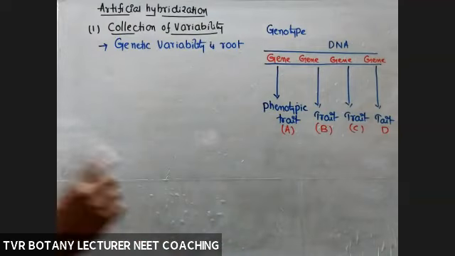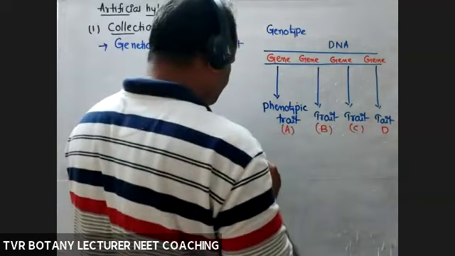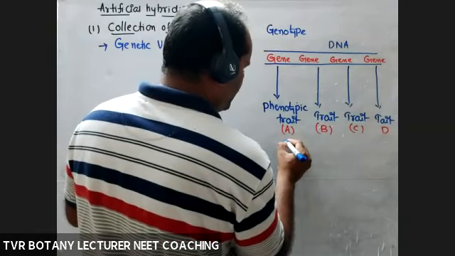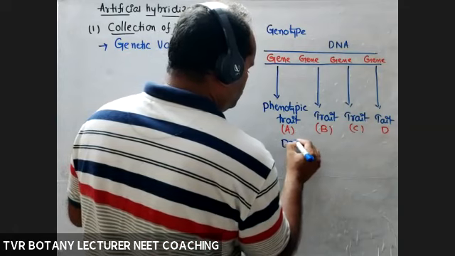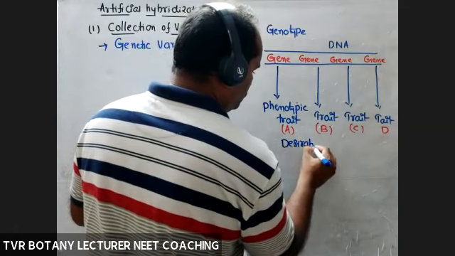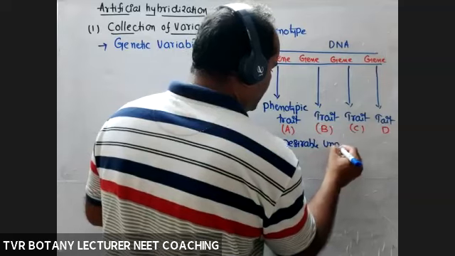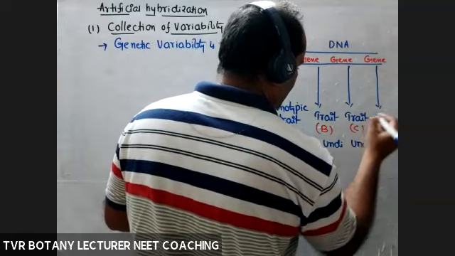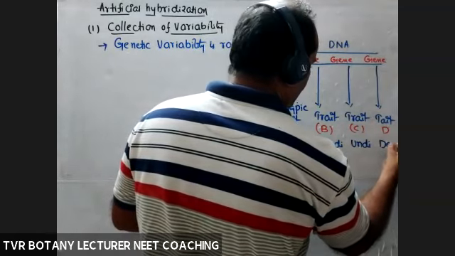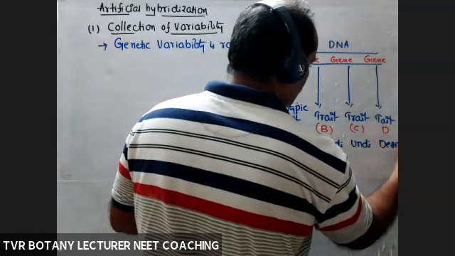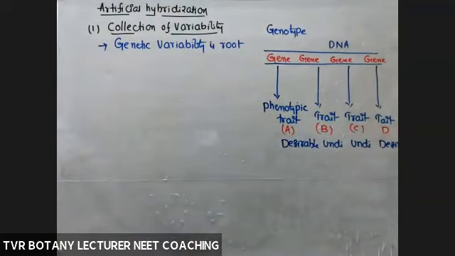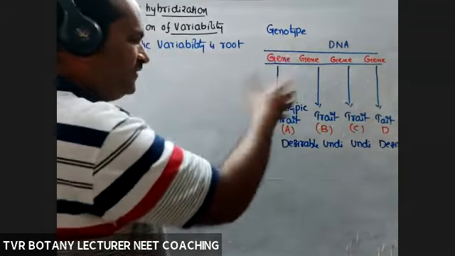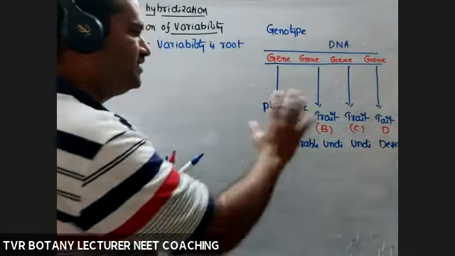Okay, right? So out of all these four, this one is agronomically desirable. Undesirable, undesirable. D is desirable. So according to our evaluation, the DNA of that plant, whatever the type of plant, is having certain number of genes.